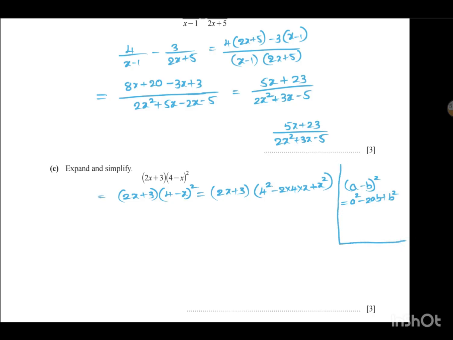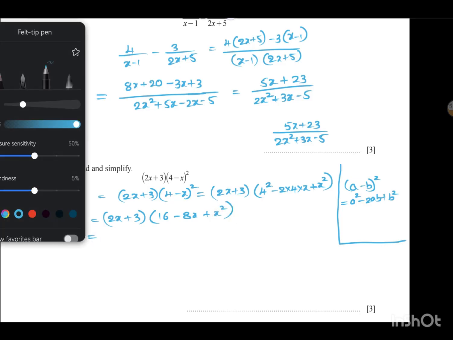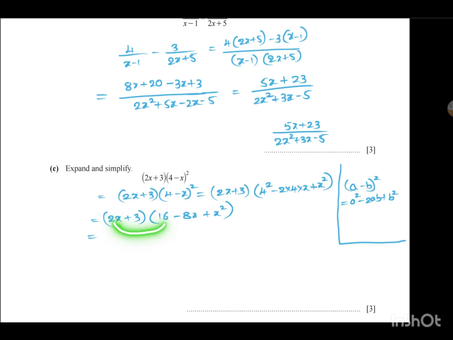Then simplify that which is expanded. Keep 2x plus 3 as it is. 4 square is 16 minus 2 into 4 into x is 8x minus 8x plus x square. Now we need to multiply these two, like the first term multiplied by all the three terms here, then second term multiplied by all the three terms.